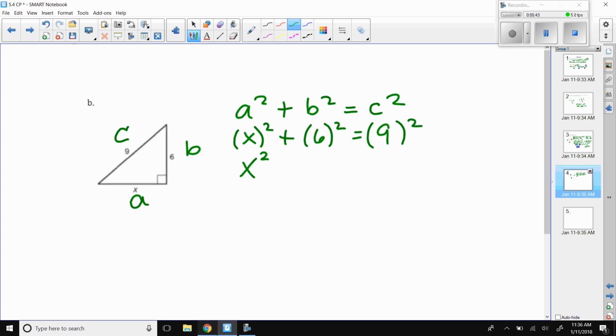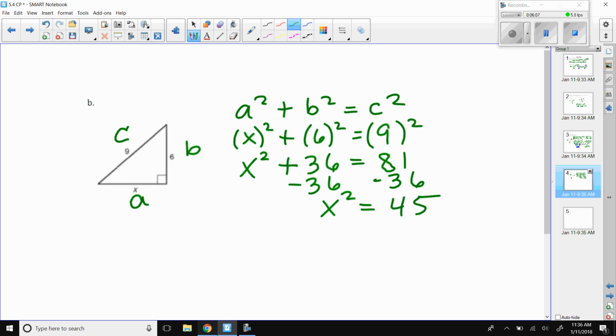This is just going to leave me still with x squared, or you can leave this as plus 36 equals 81. And I want to get this x by itself, so I'm going to subtract 36 on both sides.